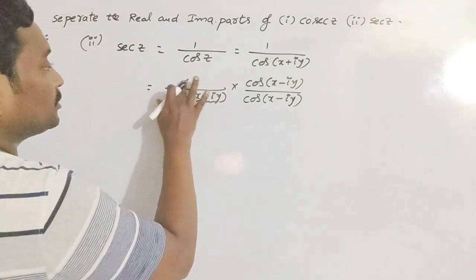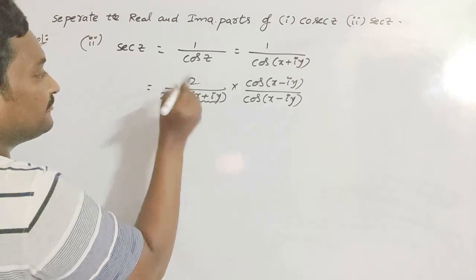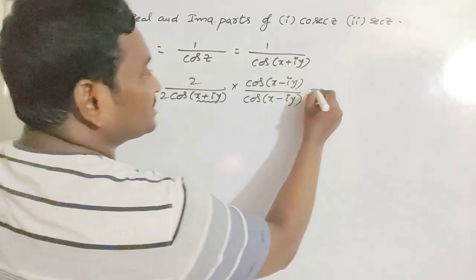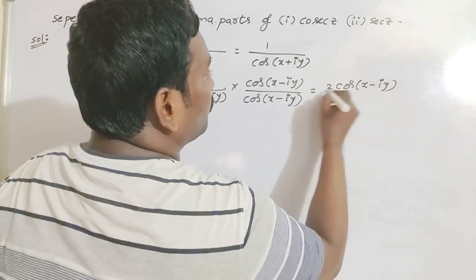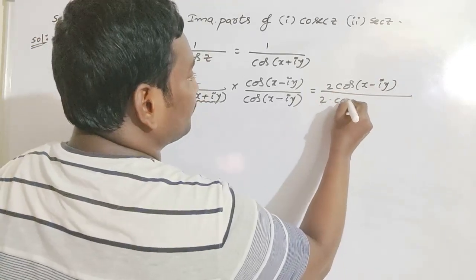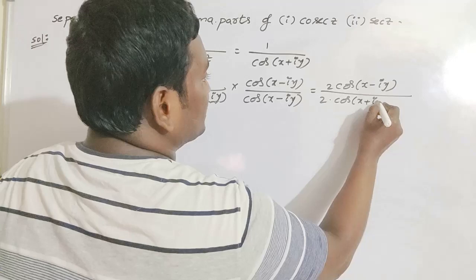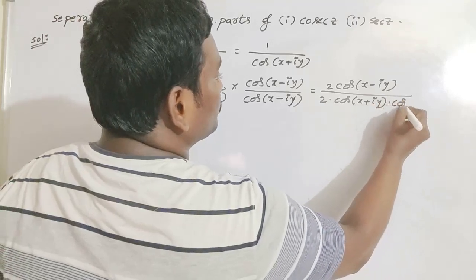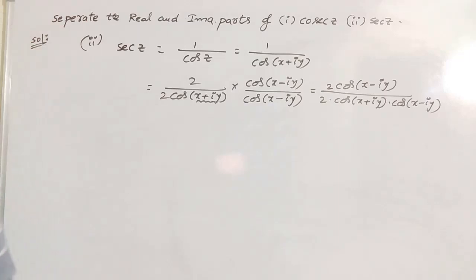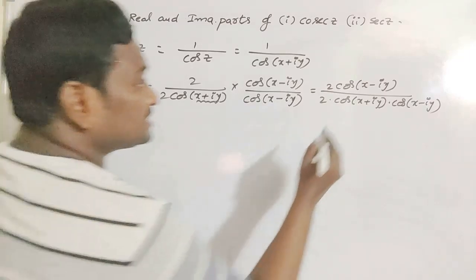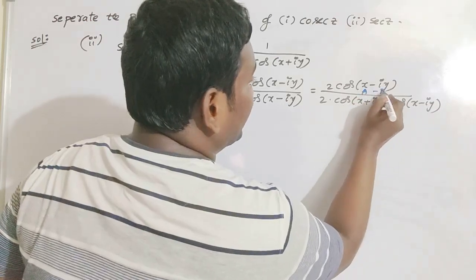Okay, and also you can multiply with 2 and divide with 2. So you will get 2 cos of x minus iy whole by 2 cos of x plus iy into cos of x minus iy. Okay, so clearly we are observing that numerator is in the form of cos of a minus b.